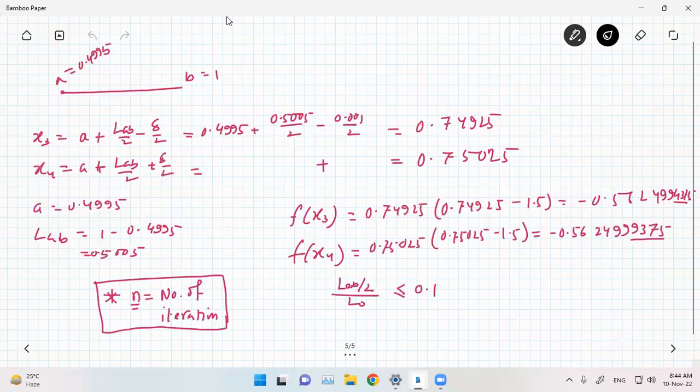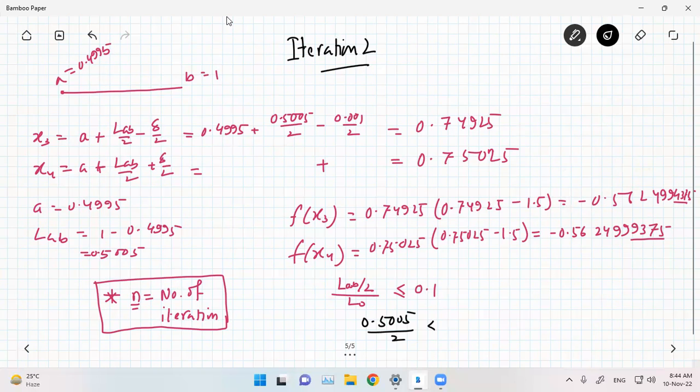So this is only the second one. So you can also write second iteration here. Iteration 2. So now in this case, the condition is L_AB is 0.5005 by 2.